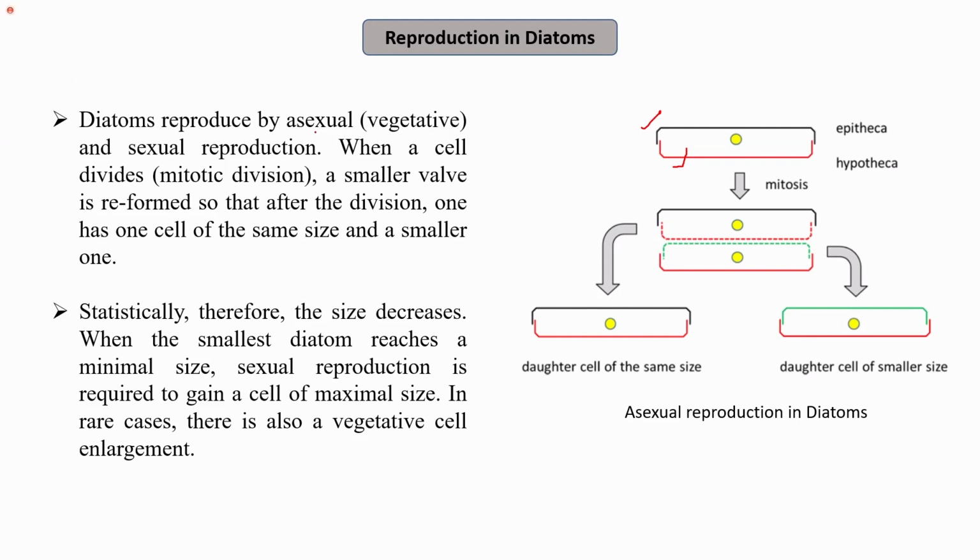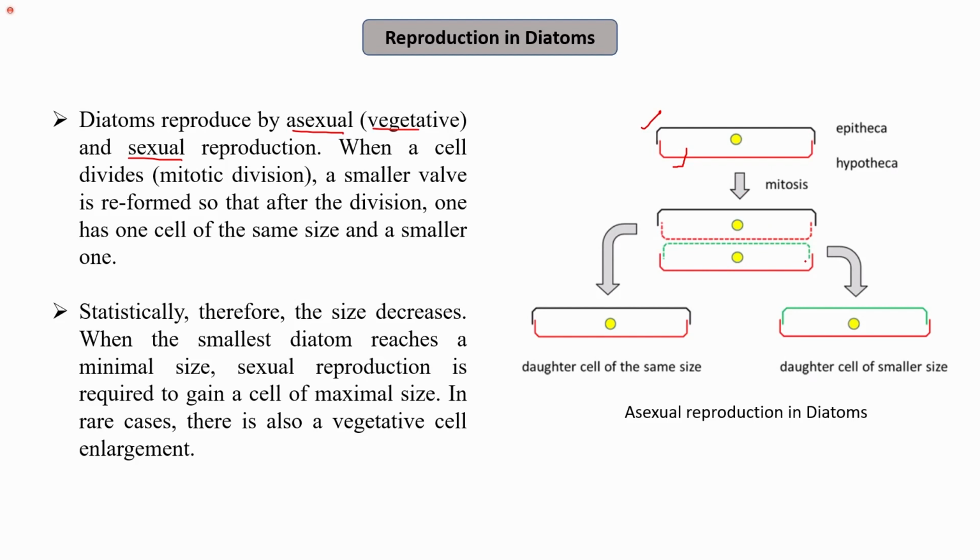So basically, diatoms reproduce mainly through asexual reproduction, which is the vegetative form of reproduction, and they also undergo sexual reproduction. When a cell divides, an interesting form of division takes place. When a cell divides by the process of mitosis, for the epitheca, a new hypotheca will be developed, and for the hypotheca, a new epitheca will be developed, right?